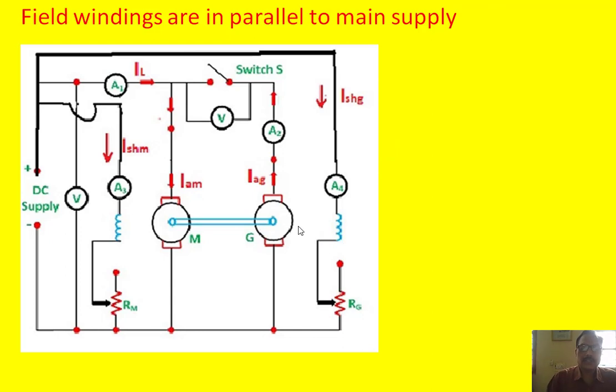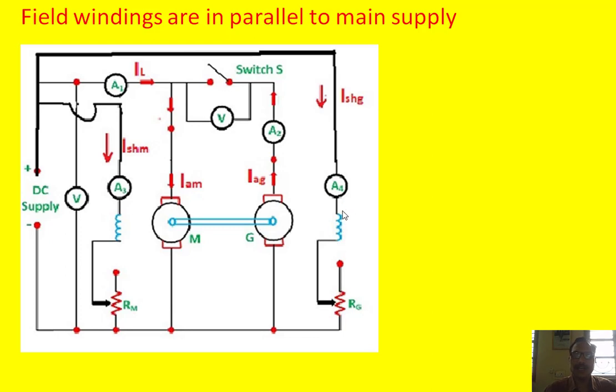Here this is the generator armature, and the current that flows from the generator we call IAG, the generator armature current, and there is an ammeter connected in series with this to measure it. This is the generator field circuit, this is the field winding, and this is the rheostat connected in series with this field winding.